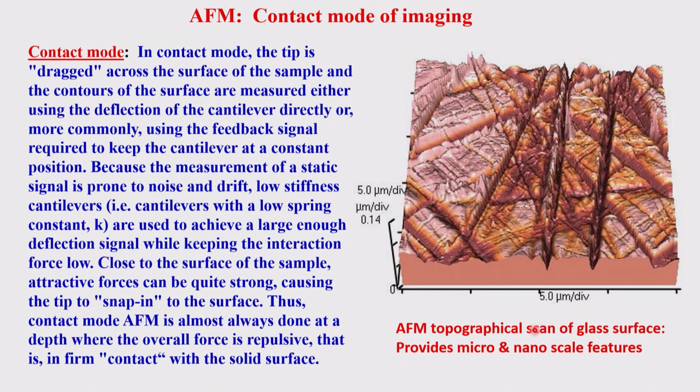It provides the micro and nano features. Because glass does not have crystallinity, we have local structures, and you can see the local surface structures here. You can measure this through a contact mode.